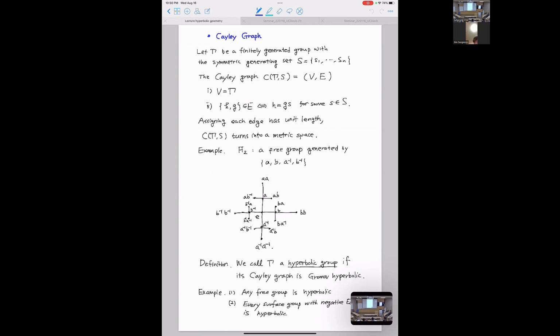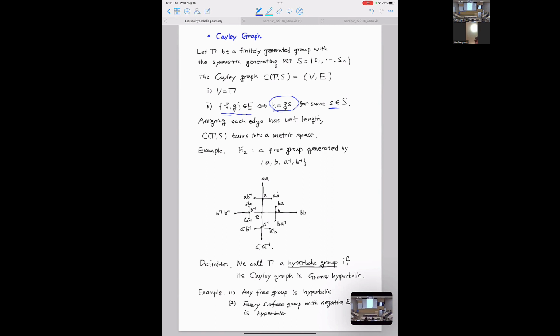Its vertices are just the elements of gamma, and the edges: if h is equal to g s for some generator s, then we connect the pair by an edge in the Cayley graph. Assigning each edge unit length, the Cayley graph turns into a metric space.